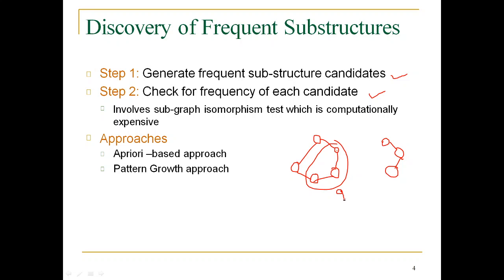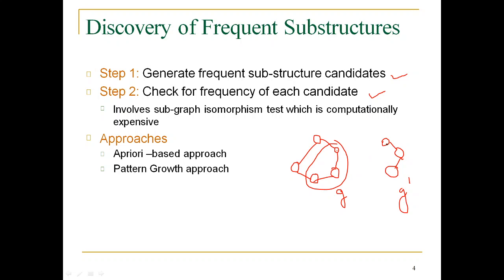If this is the graph G and this is the graph G dash, G dash has the isomorphic value, that is, it is similar to the graph, and we need to generate the frequent substructure candidates and check the frequency of each candidate.